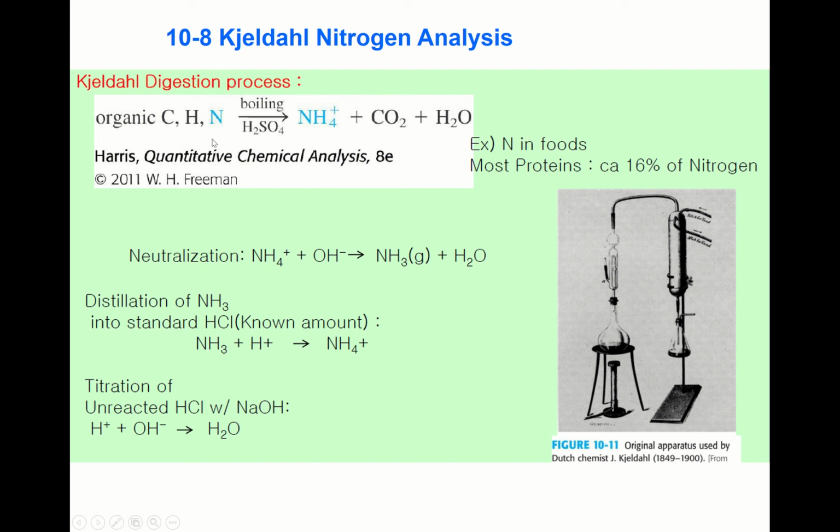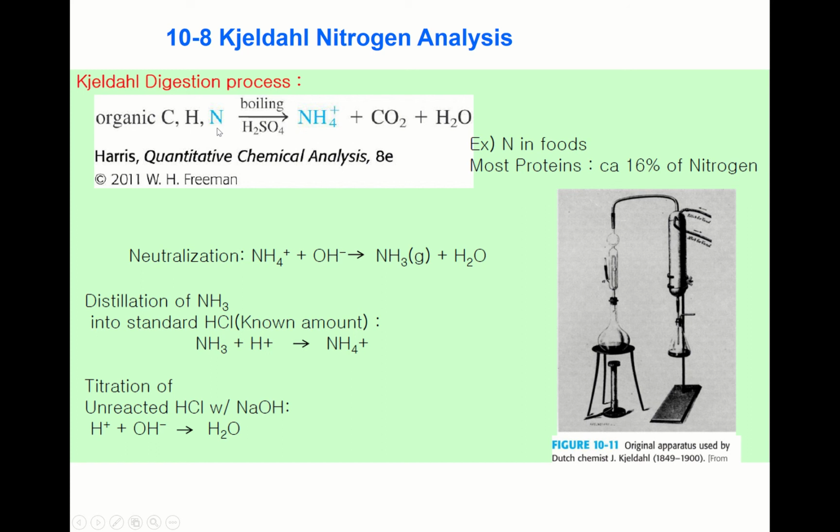First, food usually contains mostly these three elements: carbon, hydrogen, nitrogen. When you boil this compound in a very strong acid like sulfuric acid, all the molecules are decomposed.